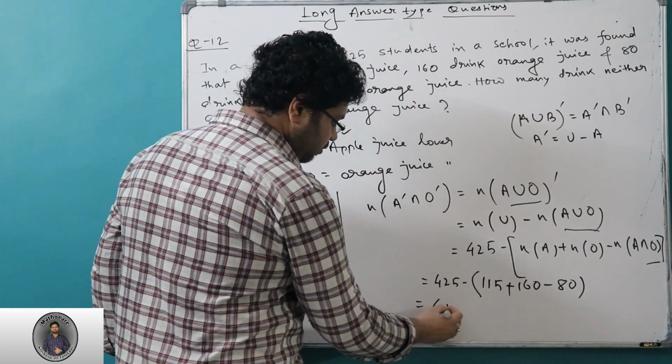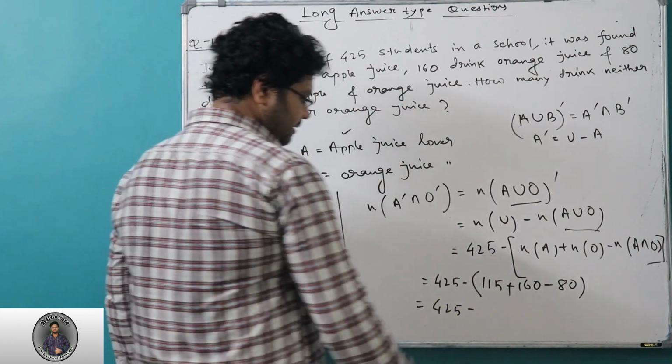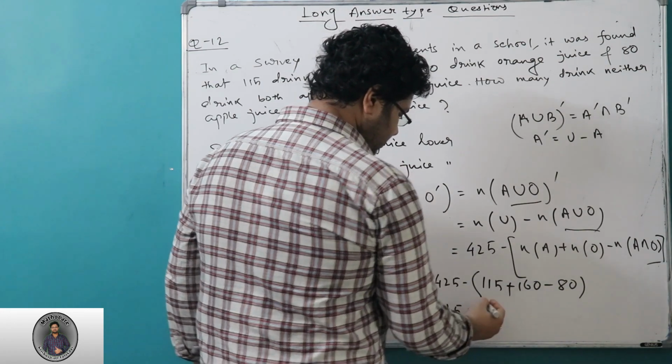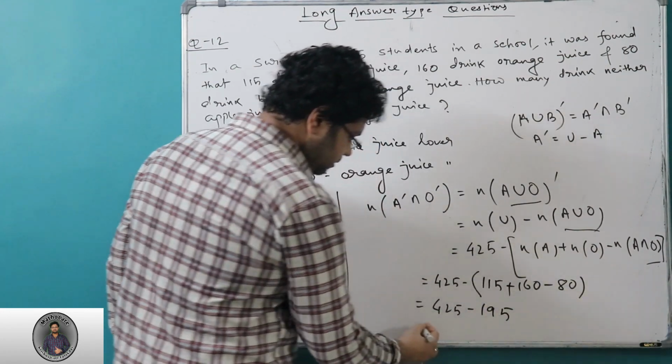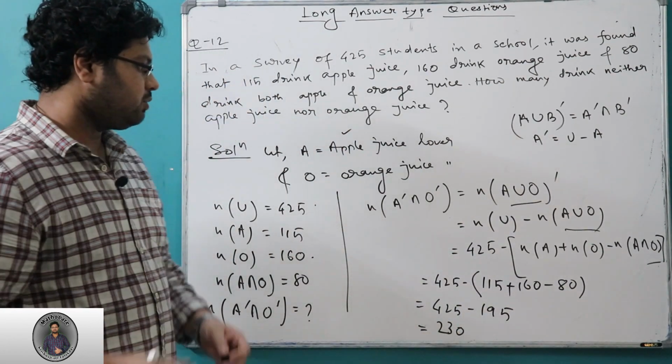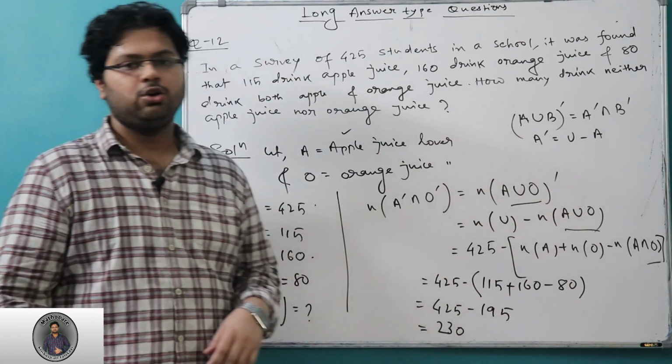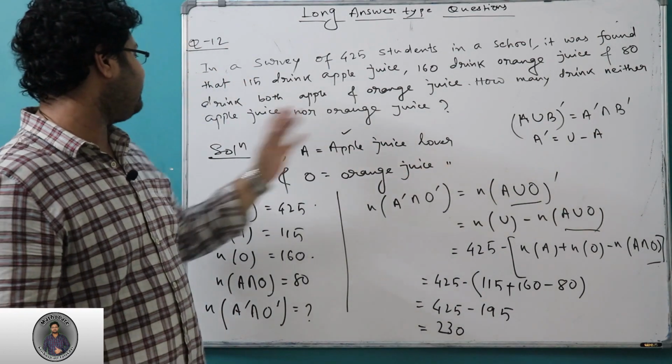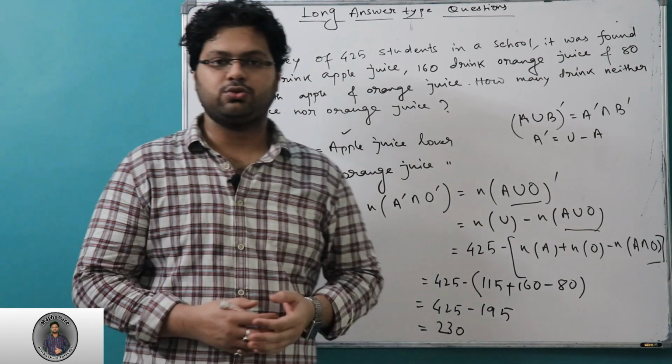So we'll get 425 minus 195. So 230 students. So there are 230 students who will drink neither apple juice nor orange juice.